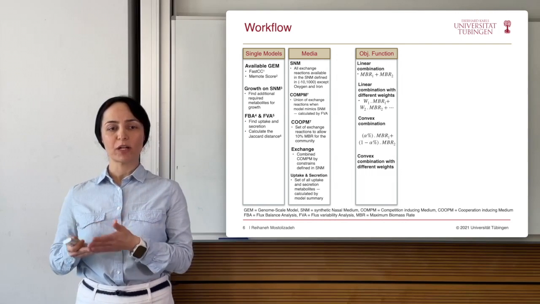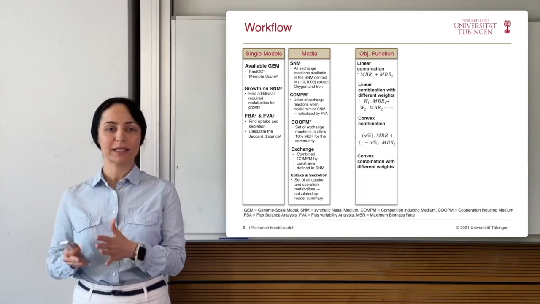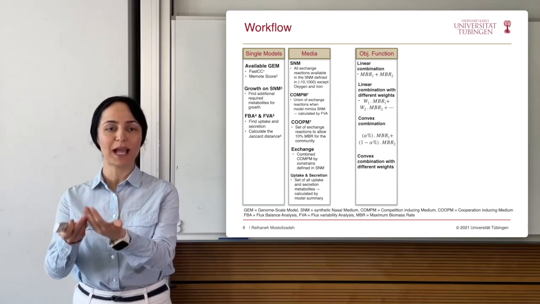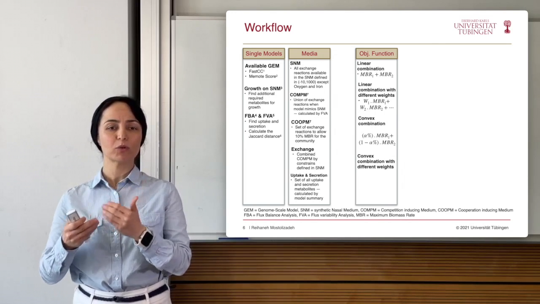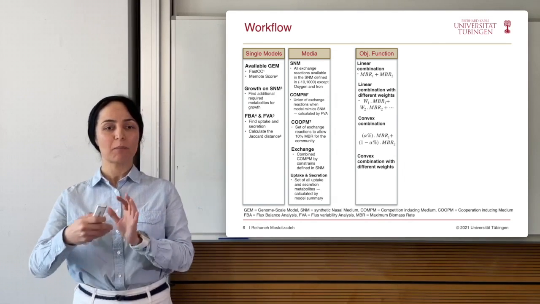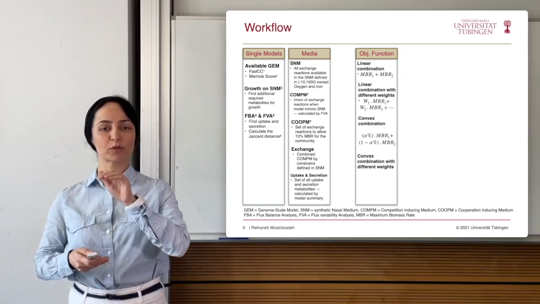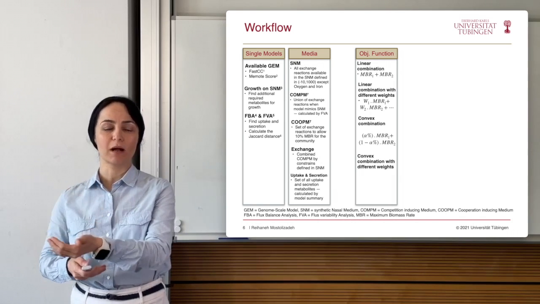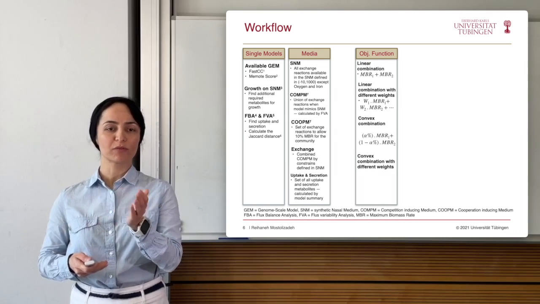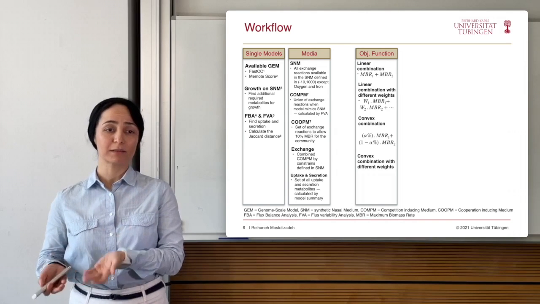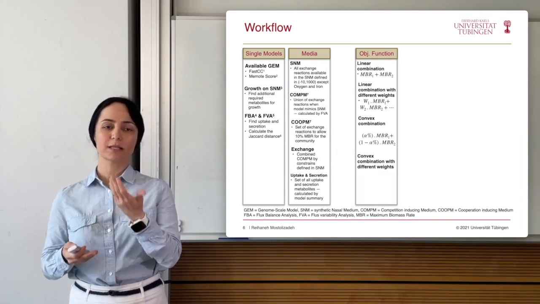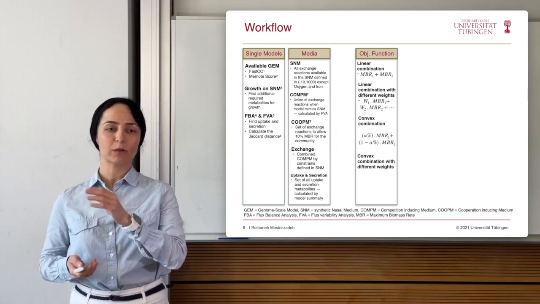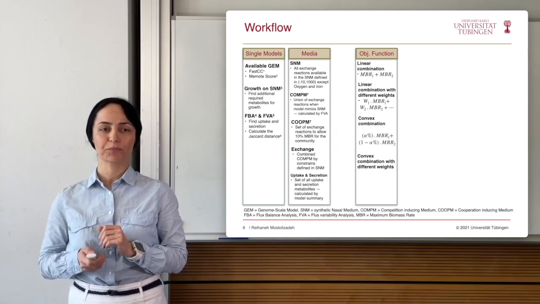Another objective function can be defining a certain value for the community to be achieved and seeing the contribution of each single species by convex combination for producing the whole growth of the community, and of course the role of each single metabolite in the contribution. And the last one is the combination of the convex and weighted objective functions.